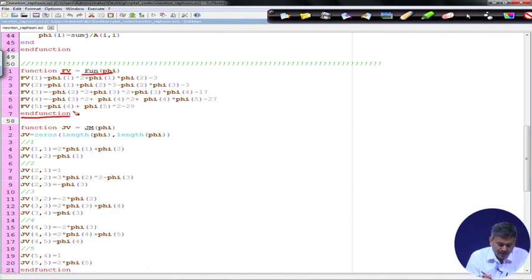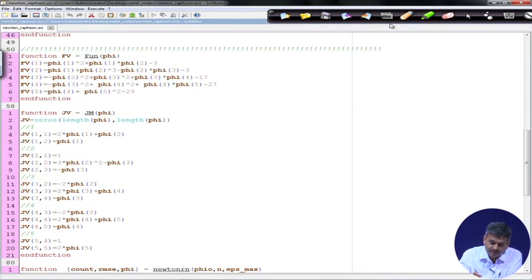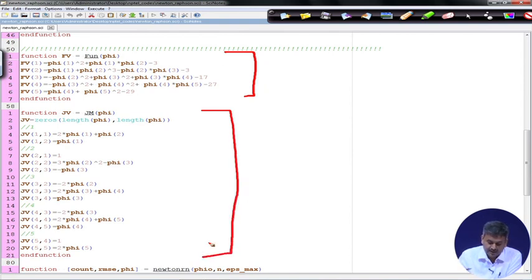Another thing required is the Jacobian value or JV. This is the Jacobian matrix, we are giving input phi, so we should get the Jacobian matrix from this one. Now, if we complete this function value and Jacobian matrix, then we can start our original algorithm for Newton-Raphson.